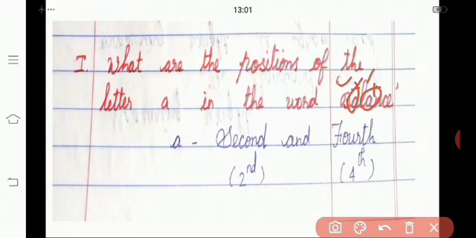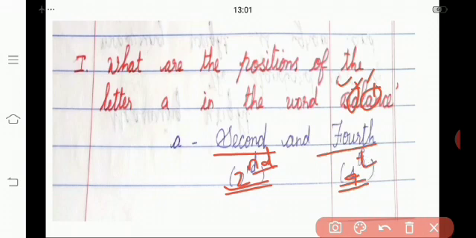So the position of the letter A from left to right is second and fourth position. We can write second, and to that we add ND. Then the next one, fourth. We write 4, and above that number 4 we add TH.